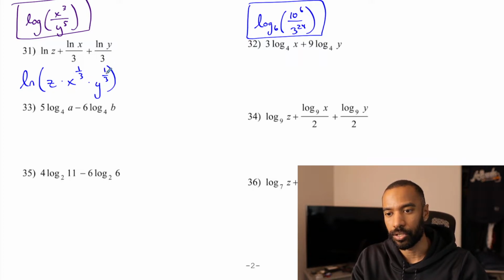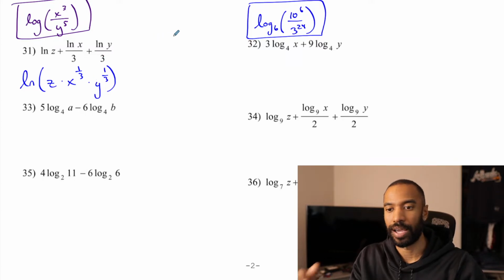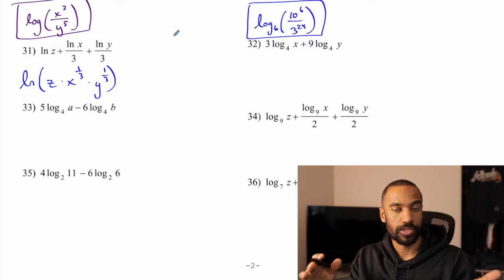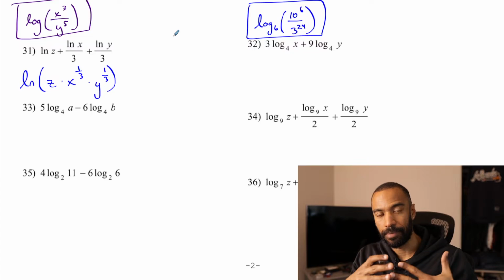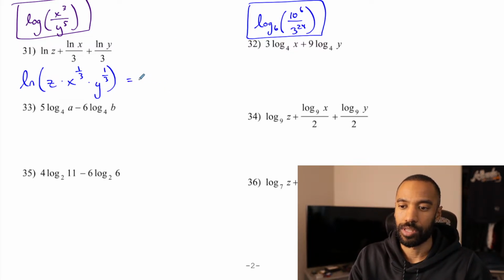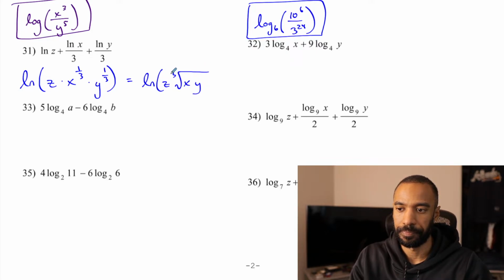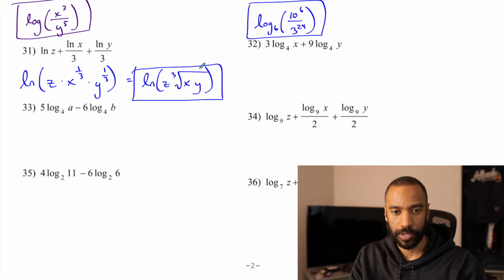But what I can do is make these both cube roots, cube root of x times cube root of y. As they're both cube roots, let's put them under the same cube root hat together. So this can be written as the natural log of z times the cube root of xy, like that. And that'll be your result there.